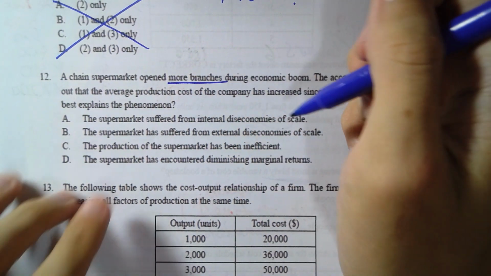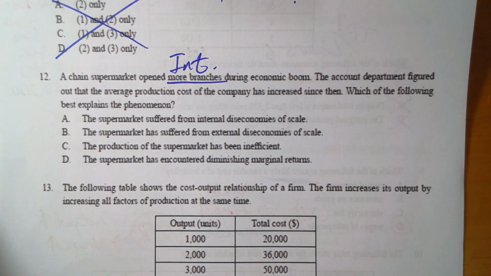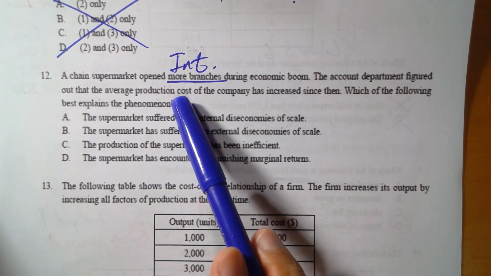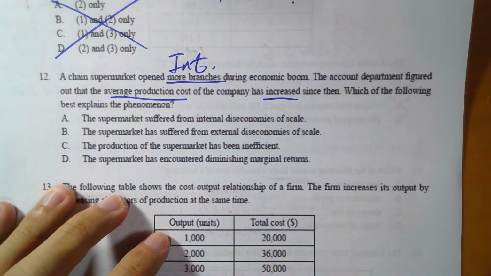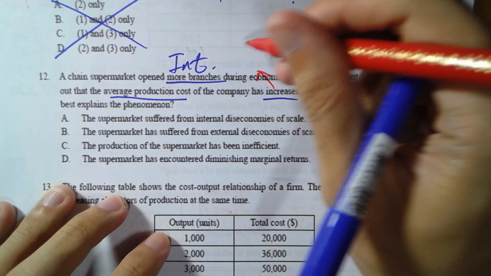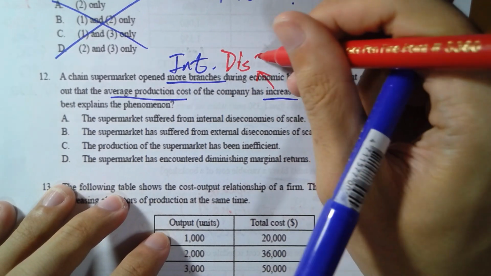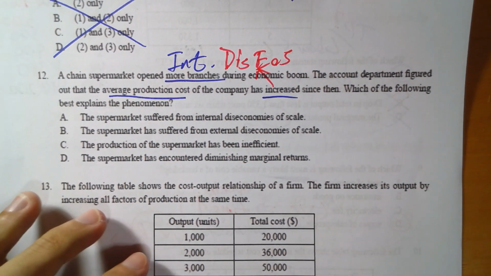So this is the firm itself. This is internal, right? AC, average cost increases. So when AC increases, we know this is an internal diseconomies of scale.